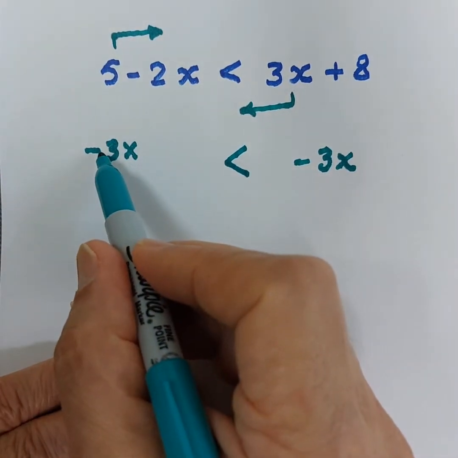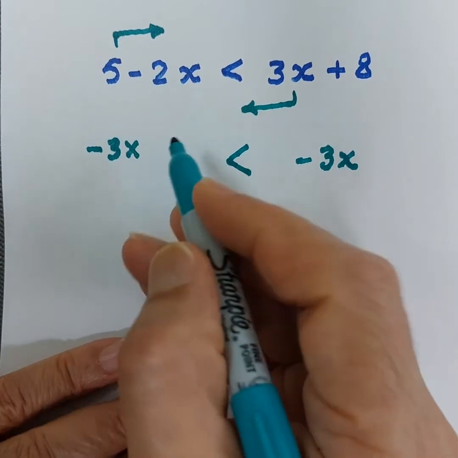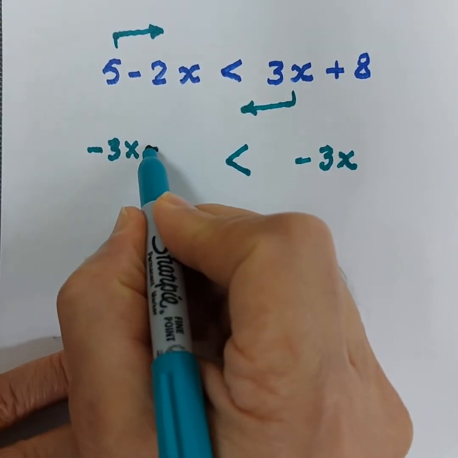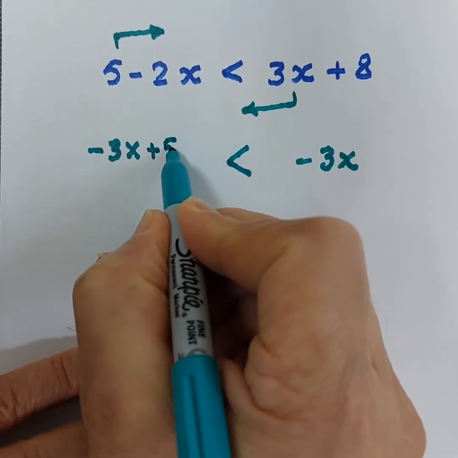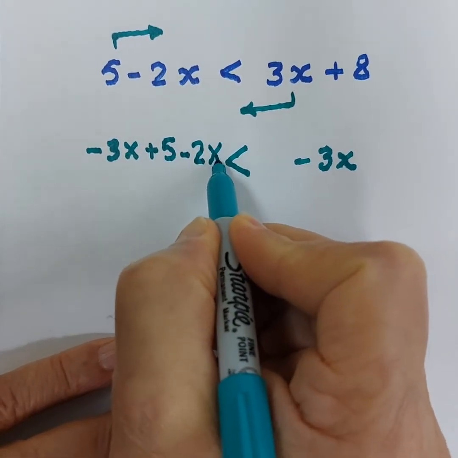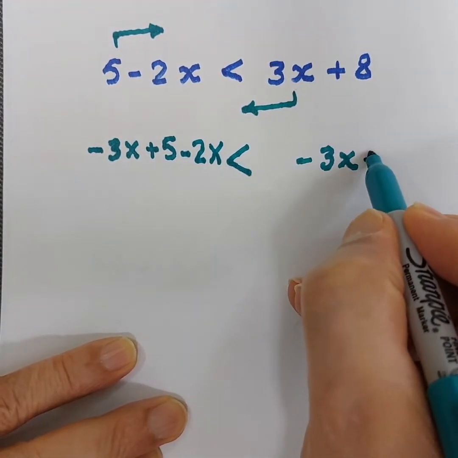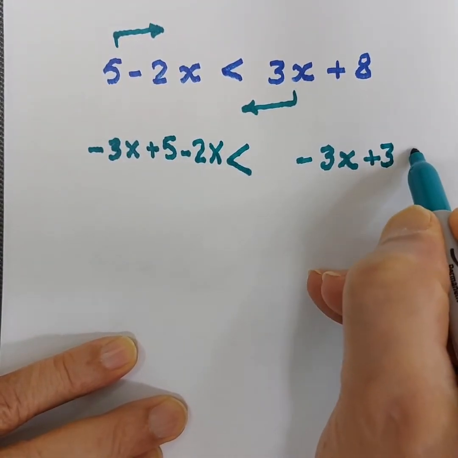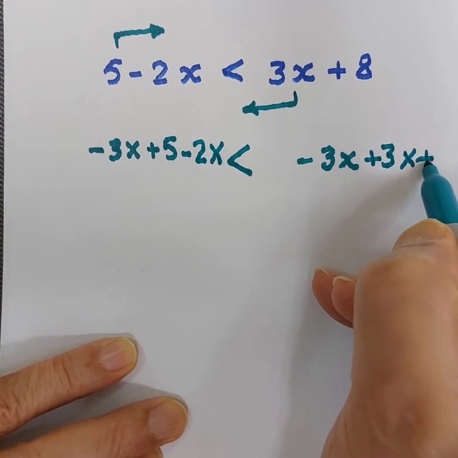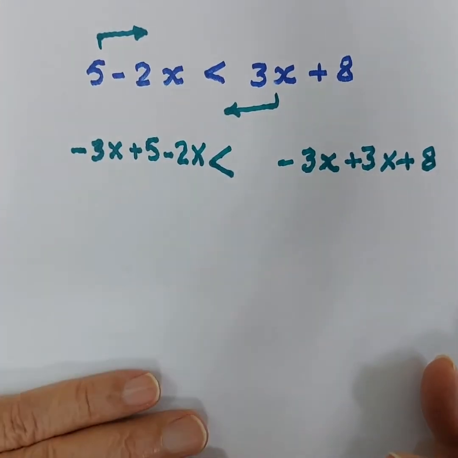So we just added minus 3x on both sides, and we write all the terms of the inequality as it is given. So this is the first step.